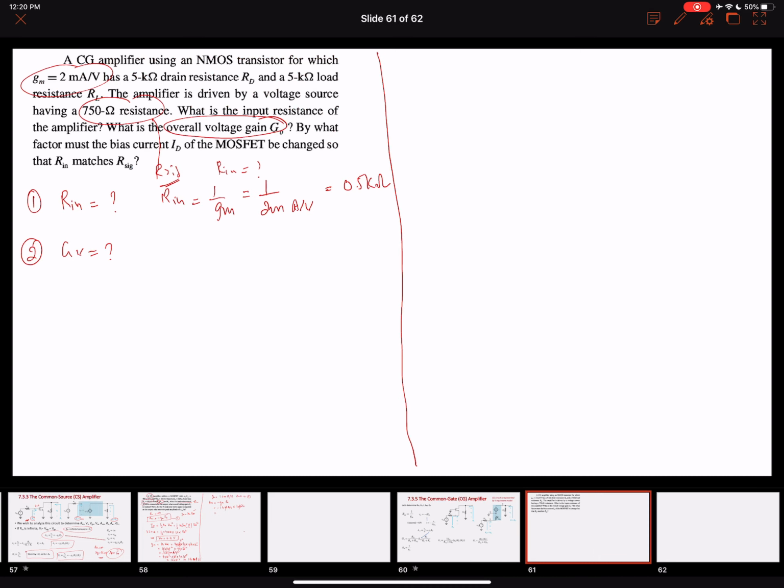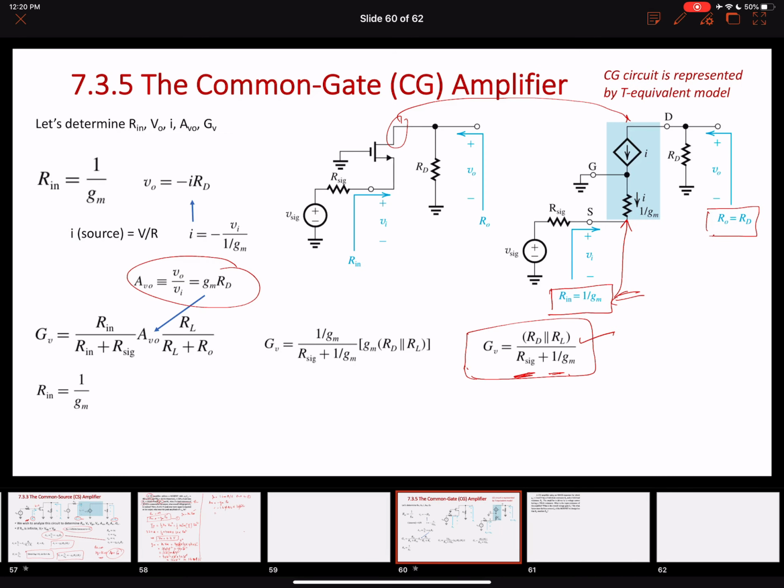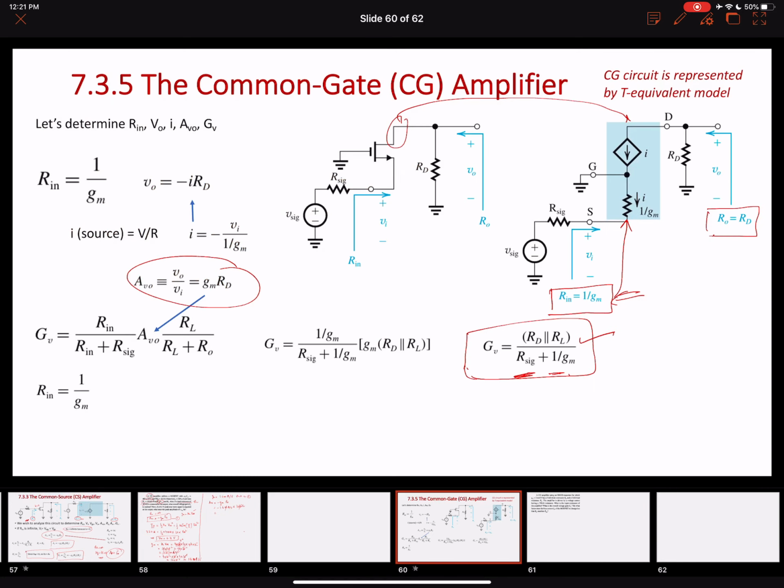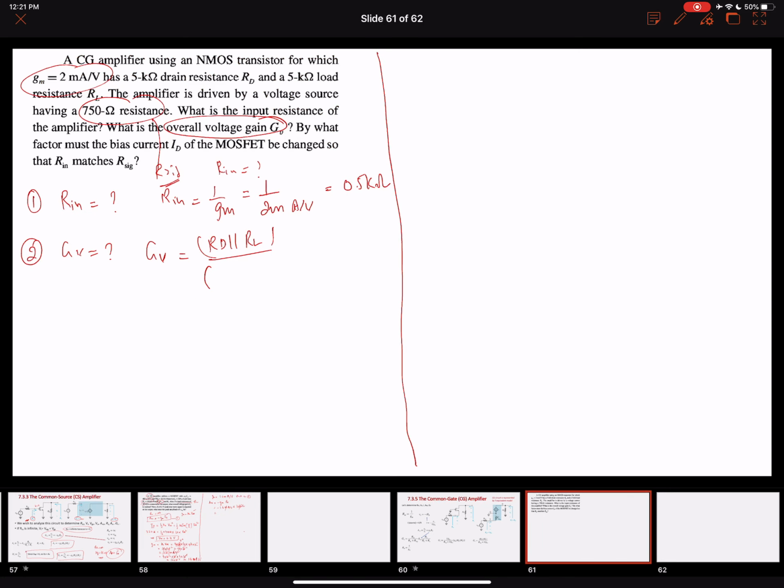Let me do that over here. So GV, using this equation, equals RD in parallel with RL over R sig plus 1 over GM. You have a value of GM. What is the value of RD? The RD value is 5 kilo ohms.